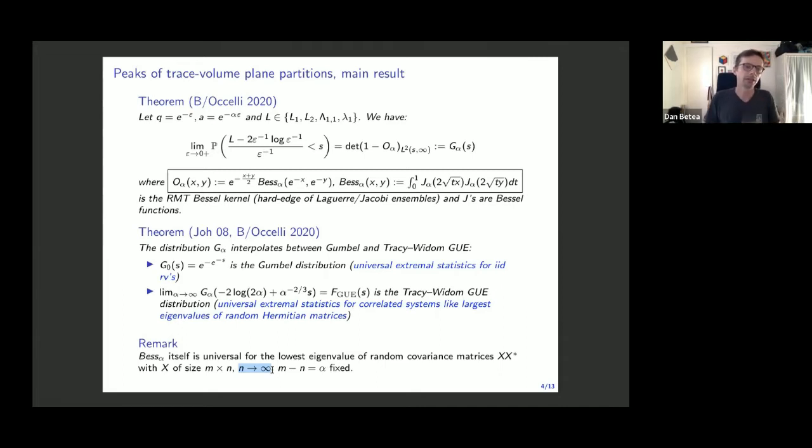All right, so if you take nothing from this talk, and I haven't mentioned our main result yet, if you take nothing else from this talk, what you should take is that very simple models, in our case, combinatorial models of plane partitions, if you look at natural distributions on them, they have this somehow somewhat mysterious but somewhat natural interpolation when you look at statistics, extremal statistics in our case, between two very different types of classes. One is maxima of IID, the other one is maxima of eigenvalues of random matrices.